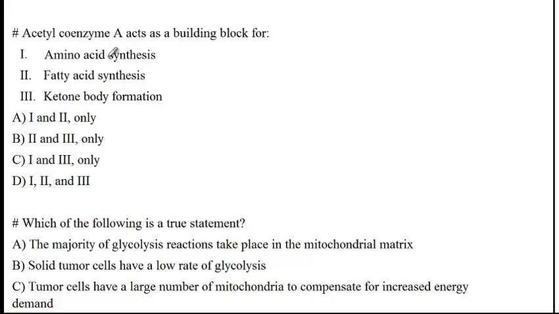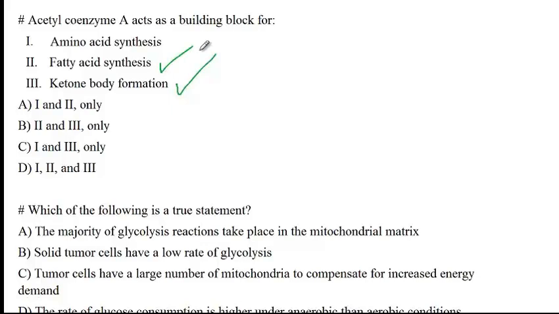So, acetyl coenzyme A, we already discussed it's required for ketone body formation, and then we also discussed that it's required for fatty acid synthesis as well. The only thing we didn't discuss is the amino acid synthesis, and so therefore choice B is correct.